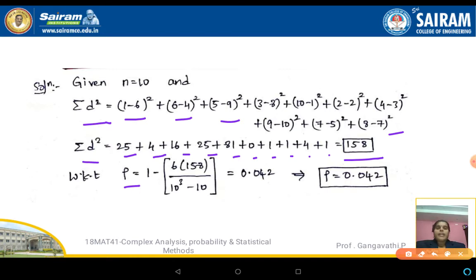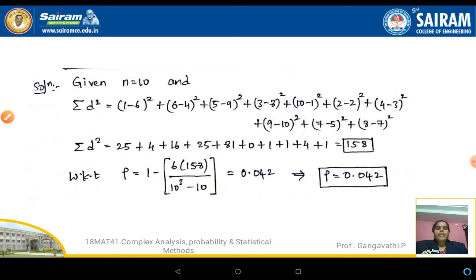Substituting n is 10 and summation d square is 158, on simplifying we get rho equal to 0.042. That is our rank correlation.